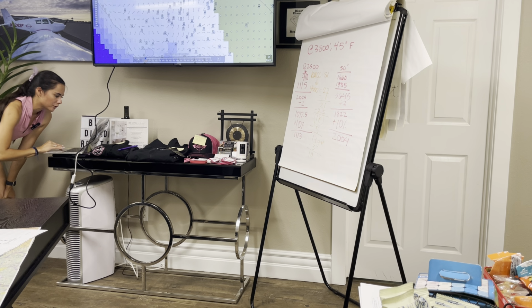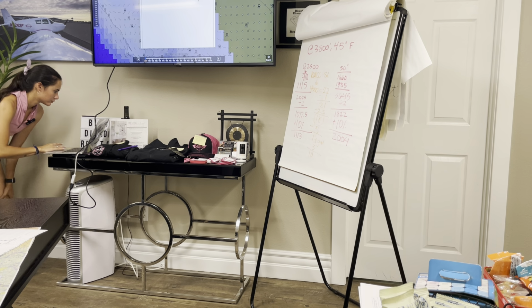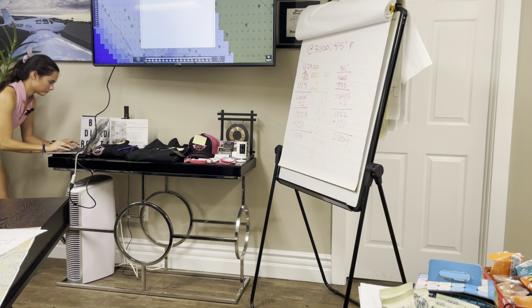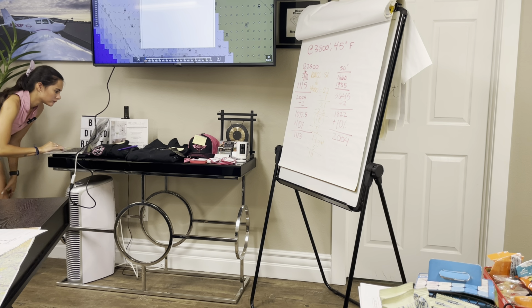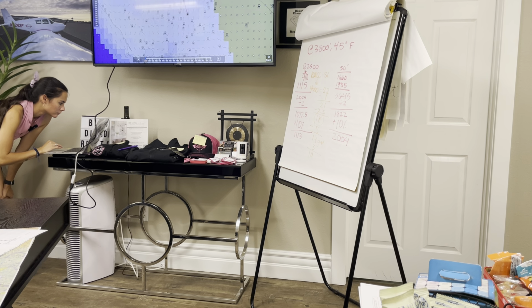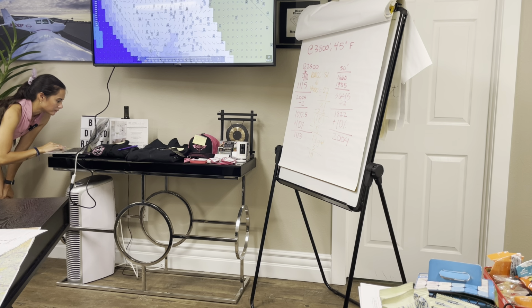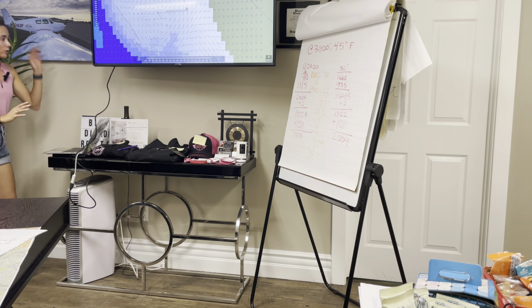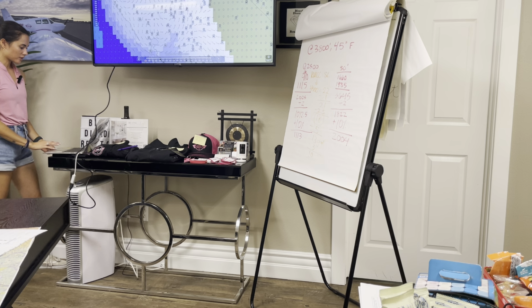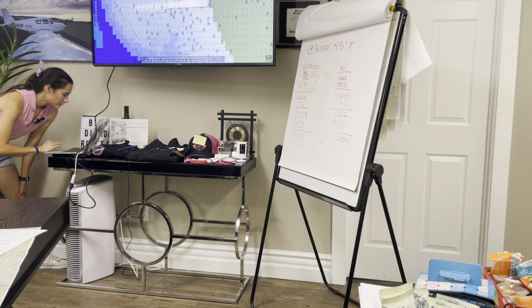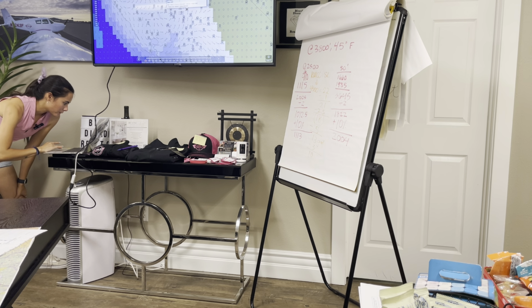We used to be able to do your flight plan on here. There we go. Okay, so now we know where we're going. You could use this tool and just click on KMCC and it gives you a bunch of information.